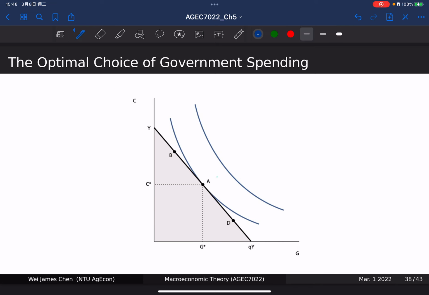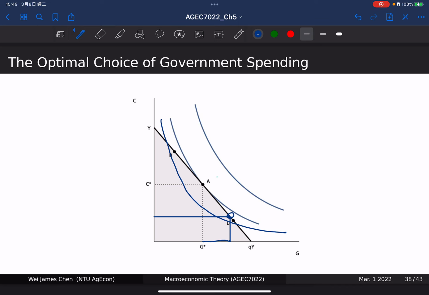So that means the government has an incentive to increase G, and so it might end up choosing a point here. Then obviously the utility level for the consumer is actually lower. Okay, so there's no guarantee that the government knows the utility function of the consumer, so there is no guarantee that there is an optimal level of government spending.